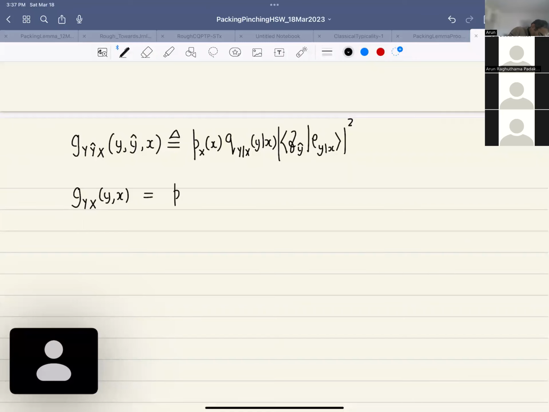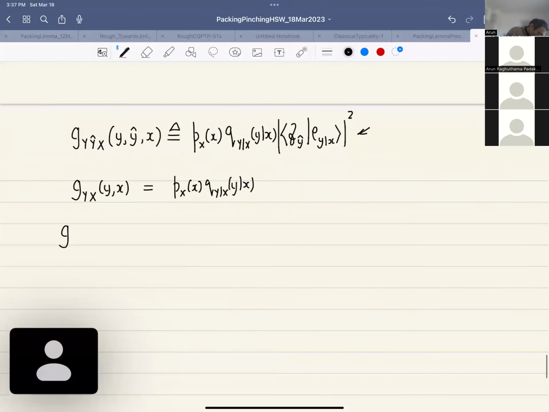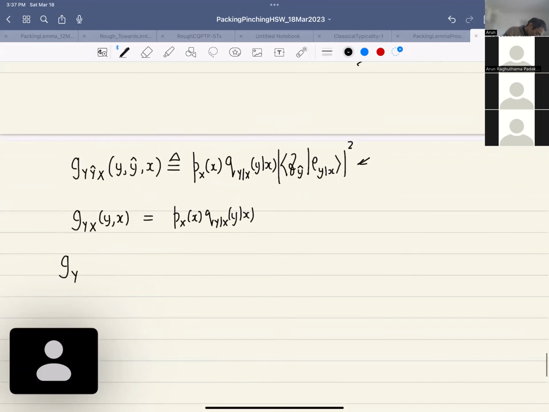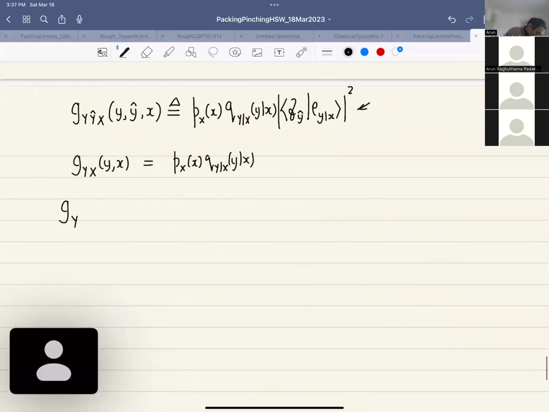Well, this is indeed Px of x, Qy given x of y given x, because I'm going to sum over y hat and get 1 here, and that's really what we get, G y x. Okay. Next, what is the marginal G y hat? That's not clear. That's absolutely not clear. G of y hat. What is this marginal? Let's check.